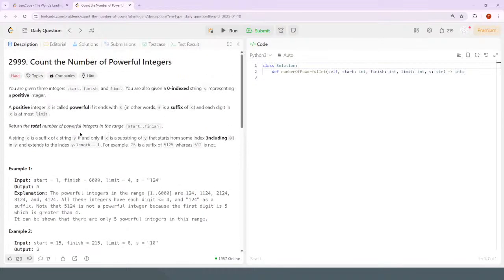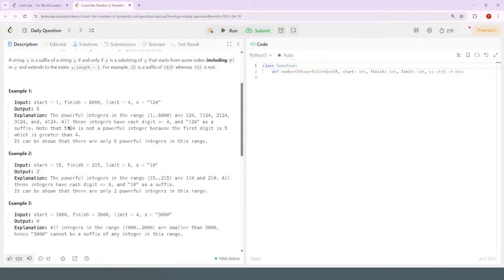You're identifying the total number of powerful integers, so you're not trying to figure out what the powerful numbers are, just the number of them. Okay, that makes it a little easier since you can just logically deduce some of it rather than having to actually construct it.